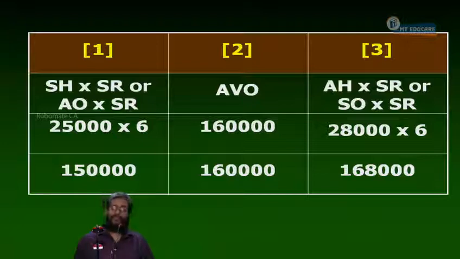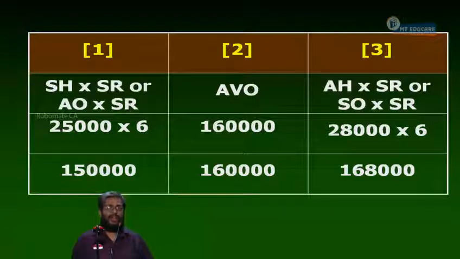Branch it into 2: variable overhead expenditure variance and variable overhead efficiency variance. Expenditure variance formula is 3 minus 2.